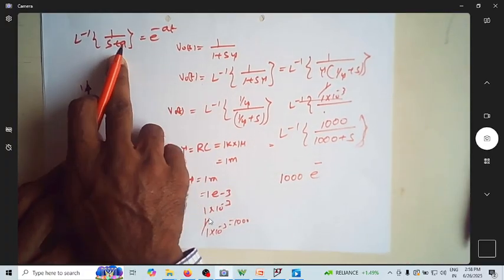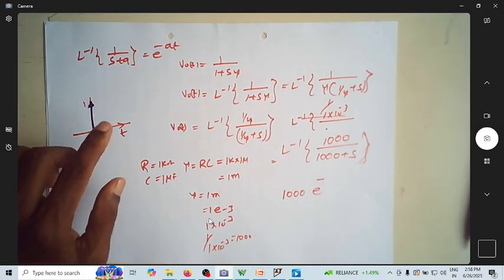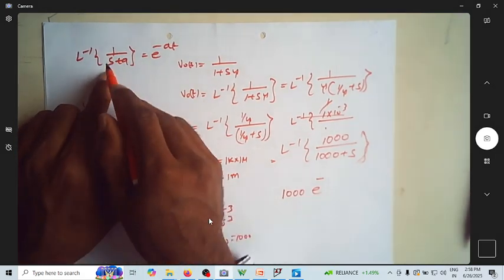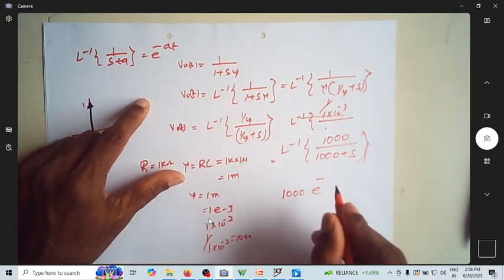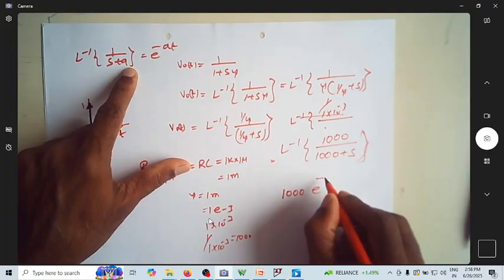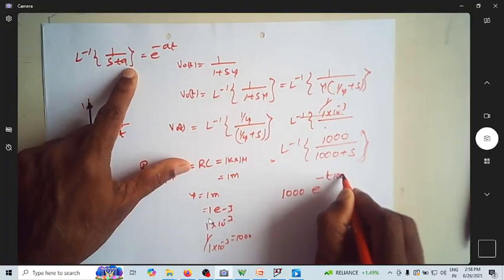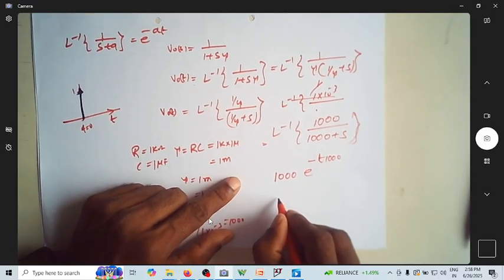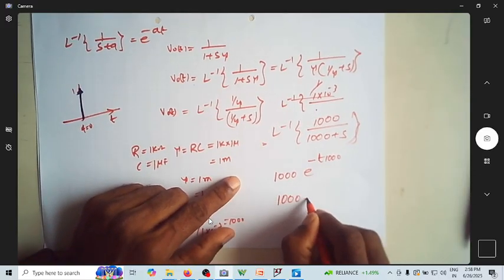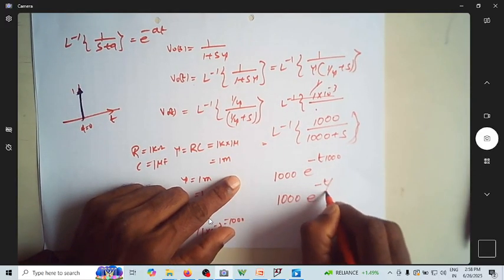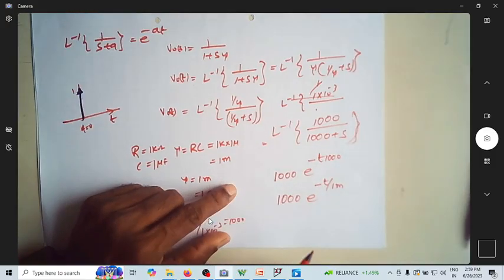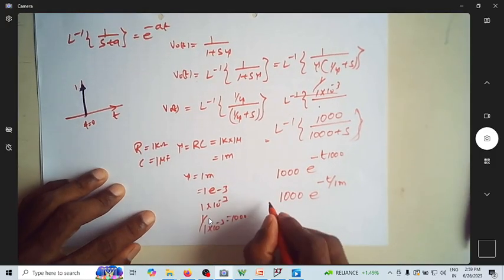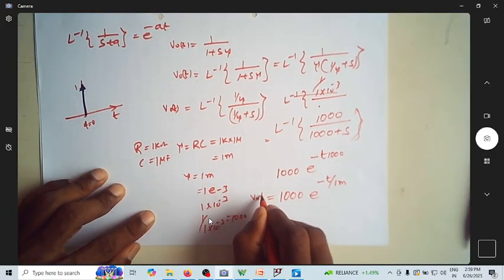Now we know that Laplace inverse of 1 over s plus a is nothing but e power minus a t. In place of a I have 1000, so it is 1000 e power minus 1000 t, or 1000 e power minus t by 1 milli. So this is what is V naught of t.